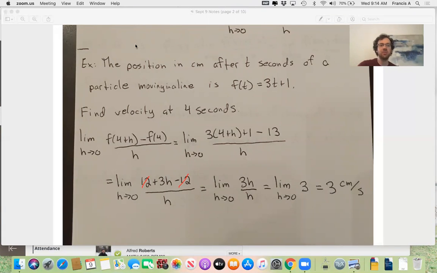Everything on the top has an h, so we can cancel those h's, and here we're left with just the 3, which in this case just means finding the limit's really easy. 3 is a constant, so you can take the limit, you get 3. Questions about computing this limit and getting this number out?